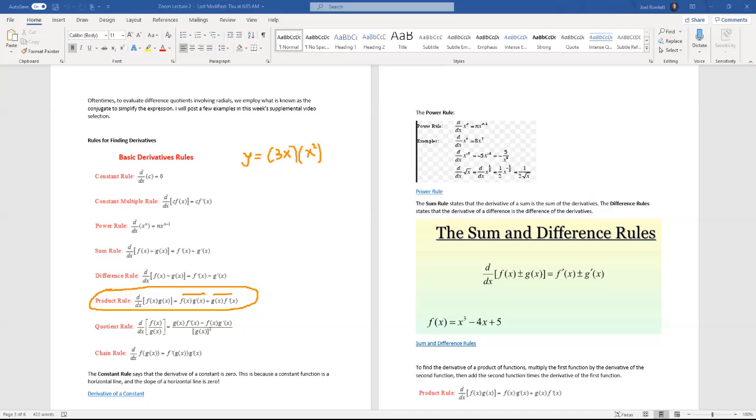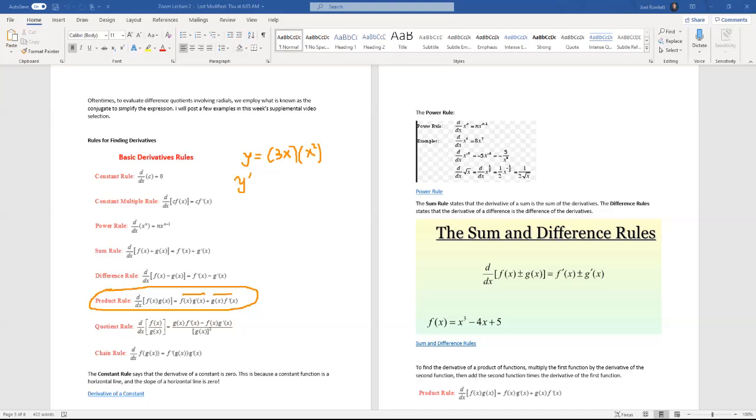Of course, there's a much easier way to do this. If I were taking a test, I would multiply the 3x times the x squared, which would give me 3x cubed, and I would go from there. But since we're trying to illustrate the product rule, we will do that instead, just to illustrate the point.